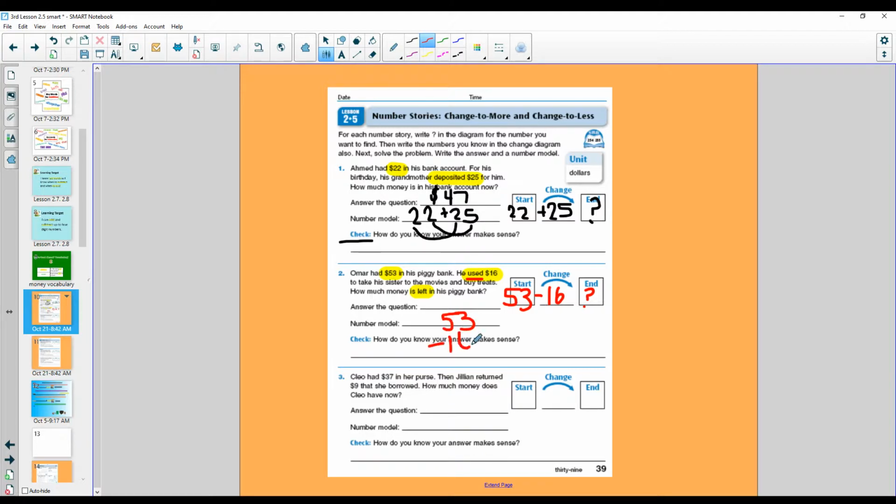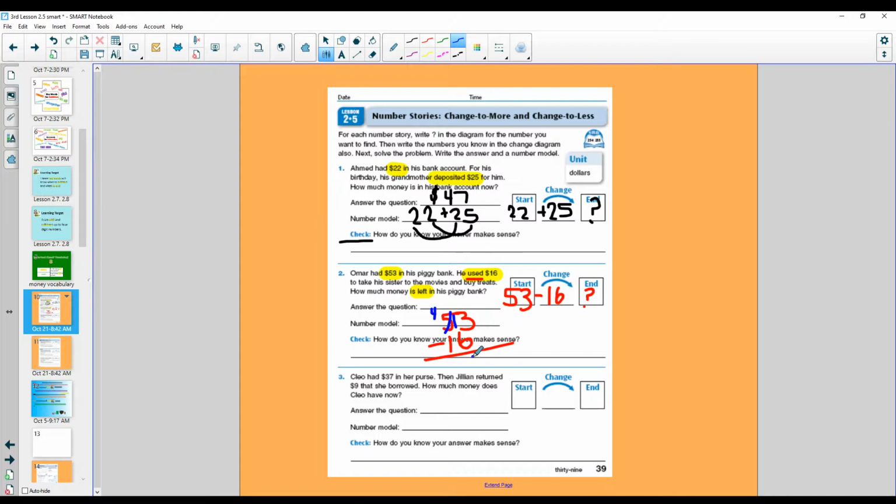All right, my number model here, I am going to write like this because I do not like taking away sideways. So I'm just going to write it like that. You should hear your second grade teacher saying, more on the floor, go next door, get 10 more. So over here, this changes to a 4. I always like to just put that in the tens place. Now that's a 13. 13, take away 6, count backwards if you need to. 13, 12, 11, 10, 9, 8, 7.